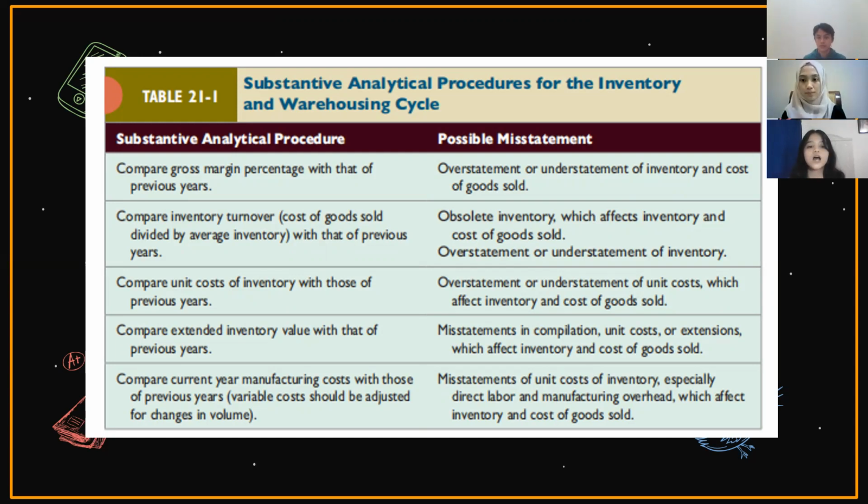And the last, compare current year manufacturing costs with those of the previous year. Variable costs should be adjusted for change in volume. This is for the possible misstatement of unit cost of inventory, especially direct labor and manufacturing overhead, all of which affect inventory and cost of goods sold.